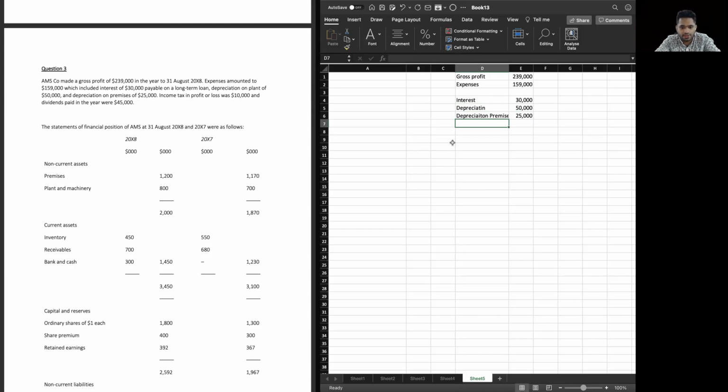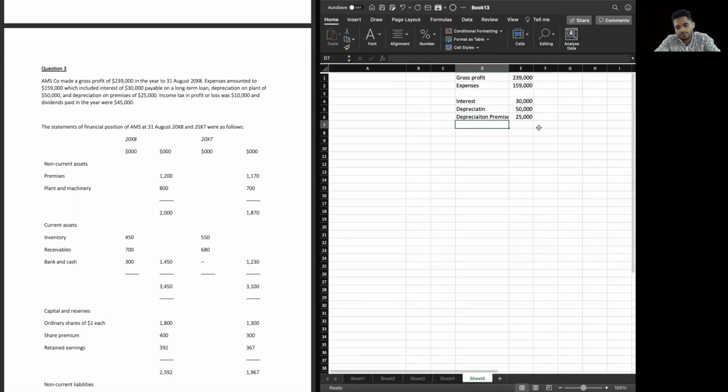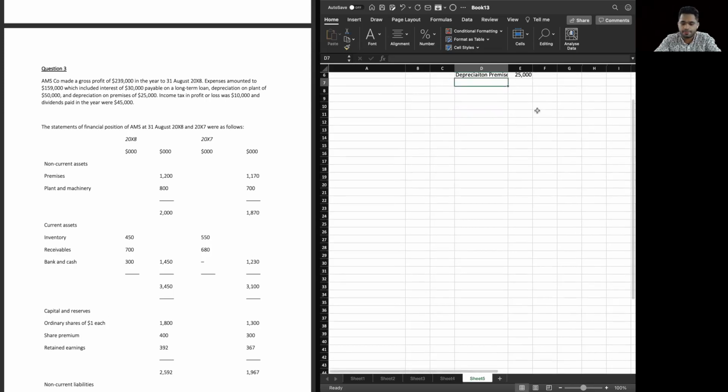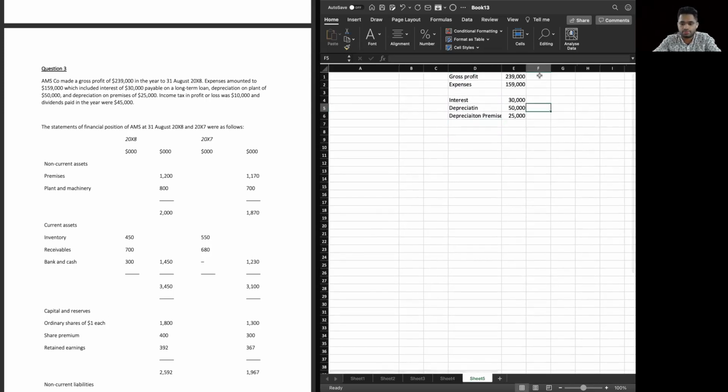So 75,000 in total, right? So be 75,000 in total. Income tax in profit or loss was 10,000 and the dividend paid for the year was 45,000.